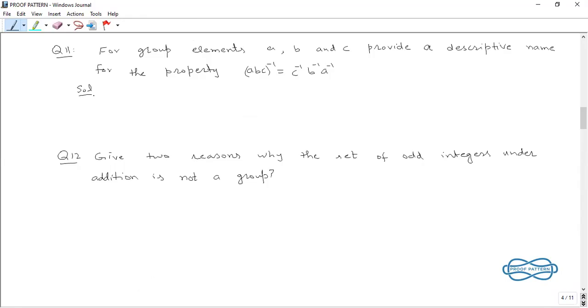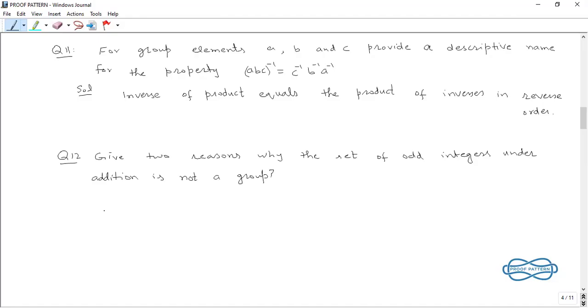And the descriptive name is: inverse of product equals the product of inverses in reverse order. This is the descriptive name.